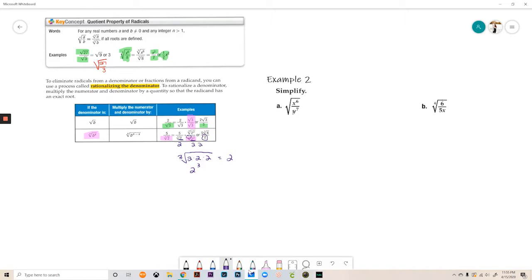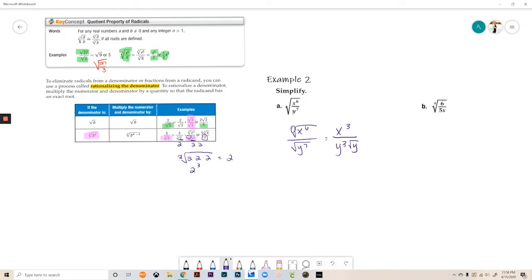So this one says simplify the square root of x to the 6th over y to the 7th. So I've got the square root of x to the 6th, and I'm going to split this up over the square root of y to the 7th. If I simplify this as much as possible, the top is going to simplify down to x to the 3rd, because this right here is the square root. So 6 divided by 2 is going to be 3. If I did that same thing for the denominator, I would have y to the 3rd, but I have a y left over.